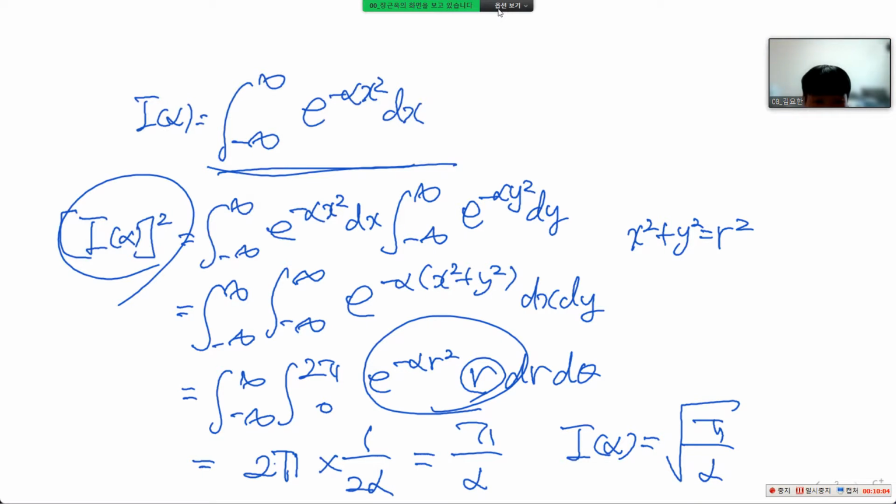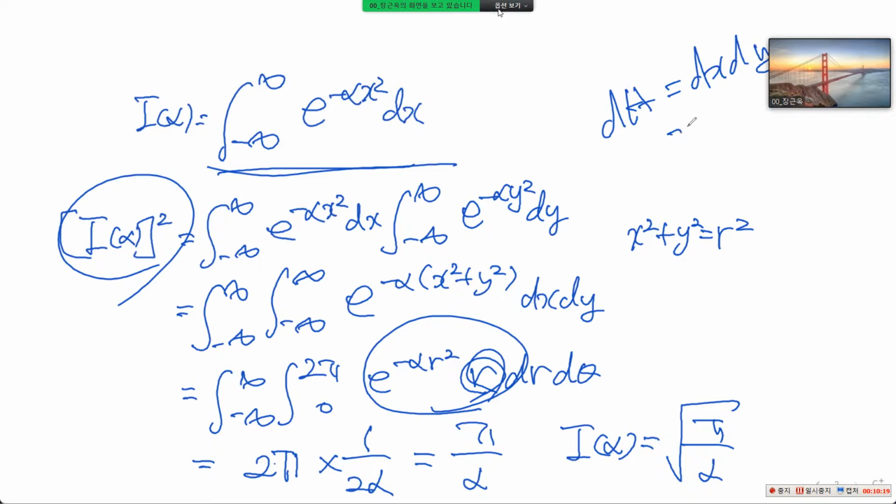R이 생겨난 이유에 대해서요. 좀 전에 dA가 카테시안에서 dx, dy도 되지만 r, dr, d 세타라는 걸 보였잖아요. 자코비안 매트릭스. 네, 알겠습니다. 예, 감사합니다. 좋습니다. 모르는 건 확인하고 가죠.